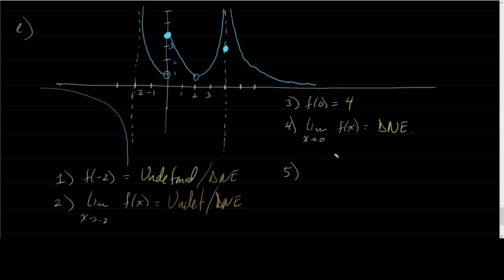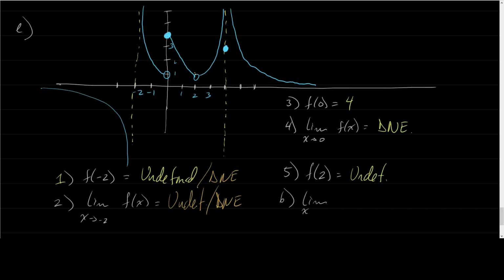We could ask, what is f of 2? We go to the value of 2 and look at the function. There's an open hole there, so it is undefined. The function is not defined there. But we could ask, what's happening as we get closer and closer to it?